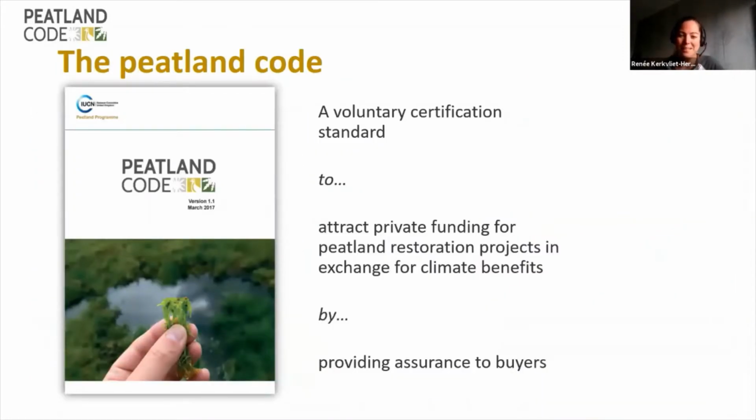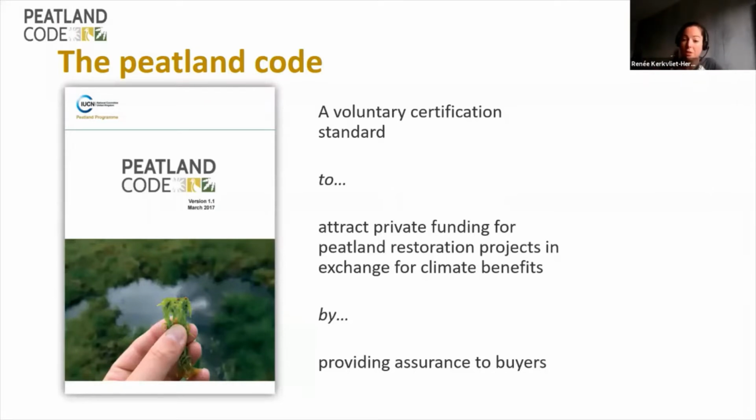So that's where the Peatland Code comes in. The Peatland Code is a voluntary certification standard to attract private funding for peatland restoration projects in exchange for climate benefits, by providing assurance to the buyers. It's a project that's developed and managed by the IUCN UK Peatland Programme. It's about UK-based peatlands, and for the offsets, it's UK-based emissions only.